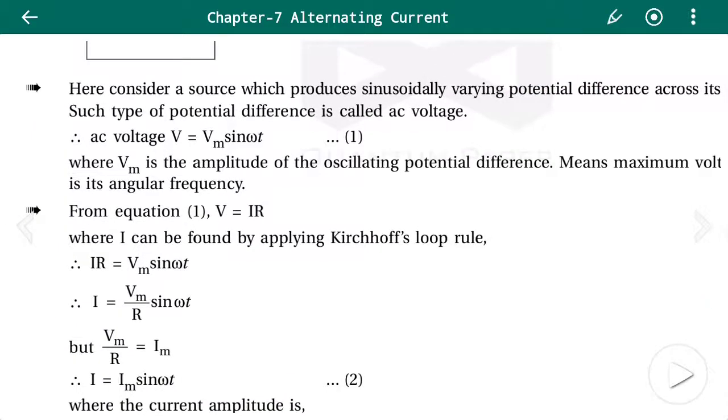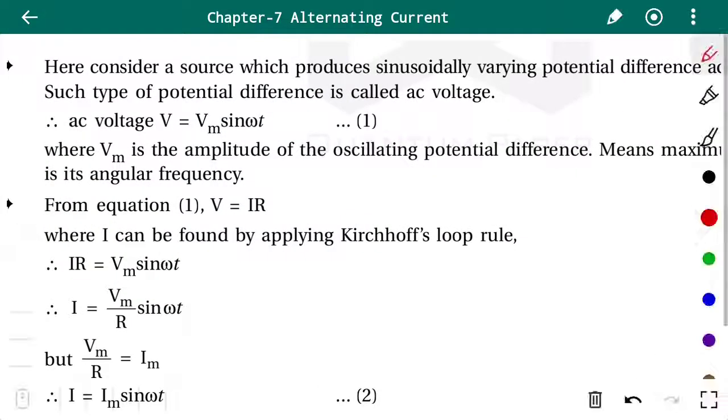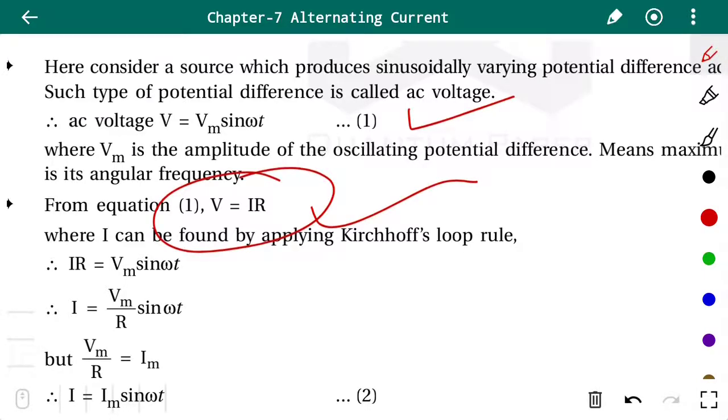Also we know by Ohm's law V equals IR, where I can be found by applying Kirchhoff's loop rule. Here we have two equations, V equals Vm sin omega t and V equals IR. Using equation 1, we get IR equals Vm sin omega t. Taking R to the other side, I equals Vm by R sin omega t.